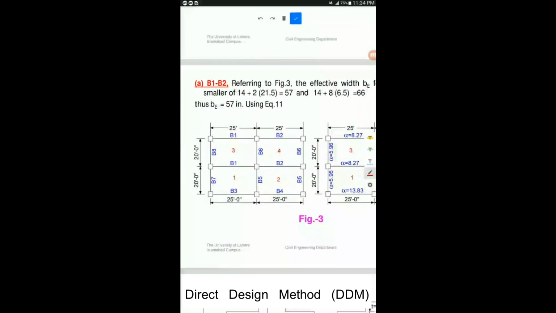Now the rigid frame A, it is somewhere here. I'm just going to mark it, this one.